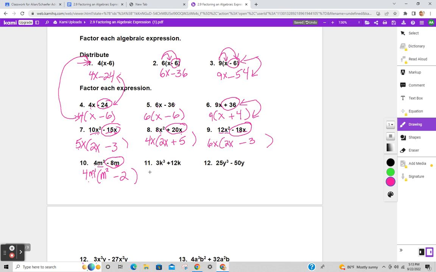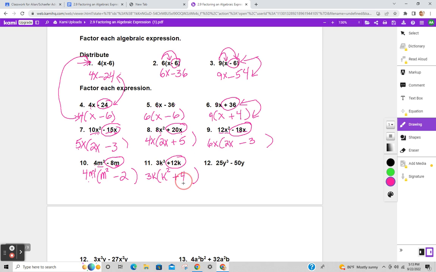Well, for number 11, we're going to factor out a 3k. That's our greatest common factor, because 3 will divide both of these numbers, and k will divide k and k cubed. So 3k times what will give us 3k cubed? Well, we're just going to need k squared. 3k times what will give us plus 12k?